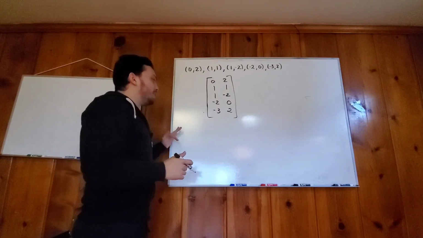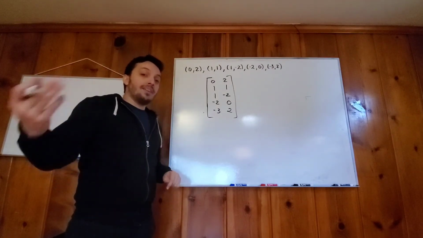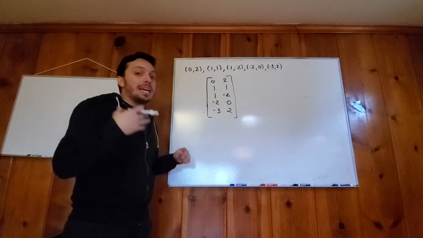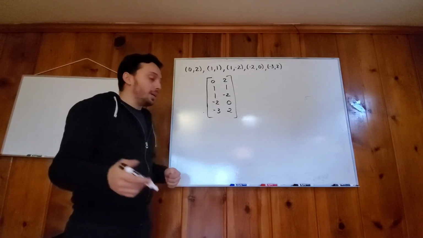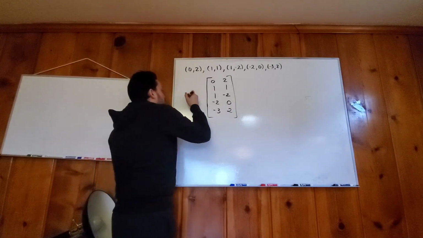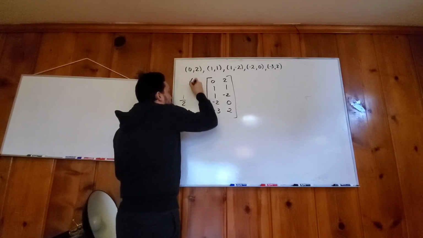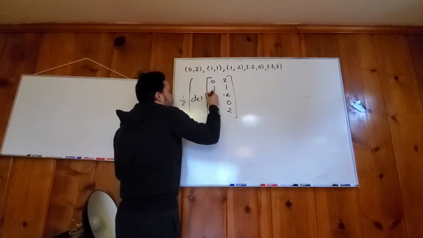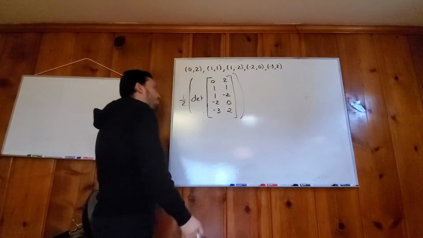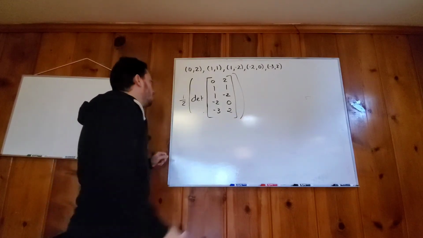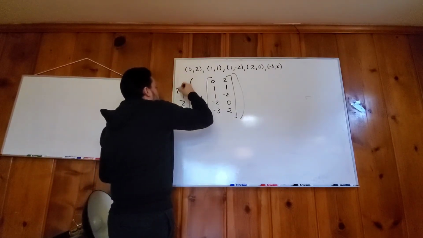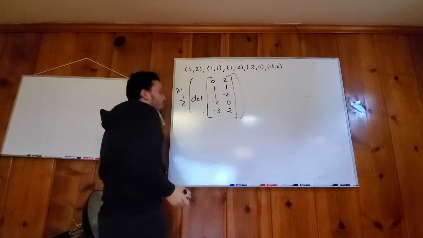Then you're supposed to find the determinant, and then you're going to find half the determinant, and that would be how you find the area. Because literally, the area would be 1/2 of the determinant of that matrix.